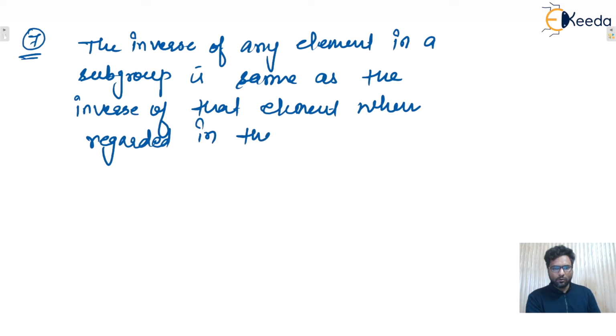When regarded in the group means what? That means if any element, let's say A, has inverse equal to B in a subgroup, then in the given group also the inverse of A will be B only, isn't it?